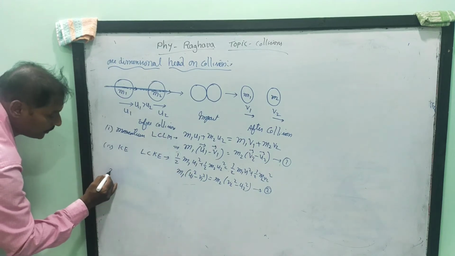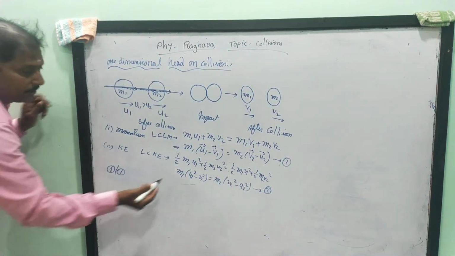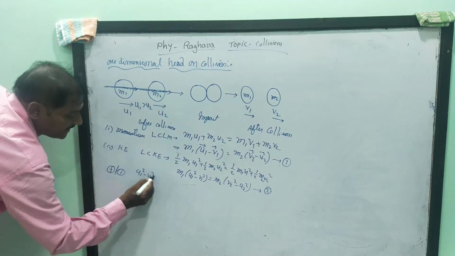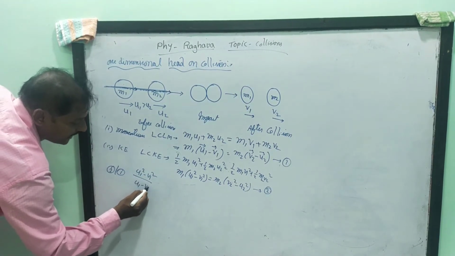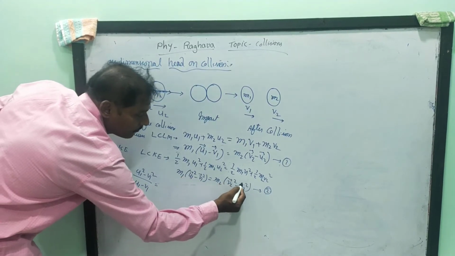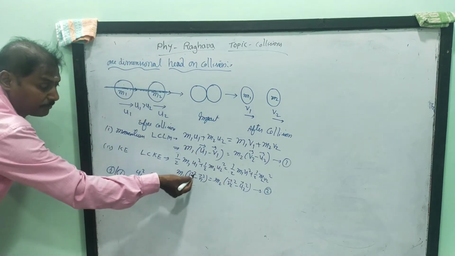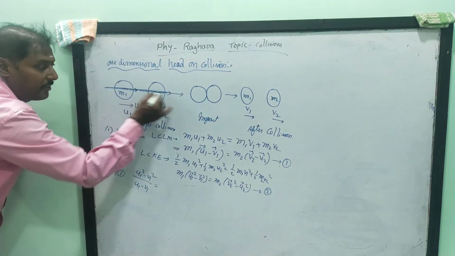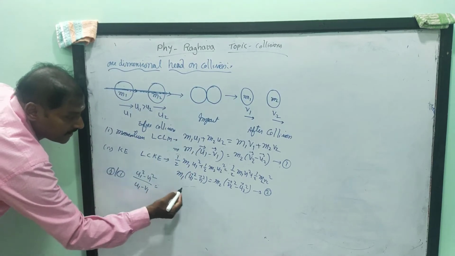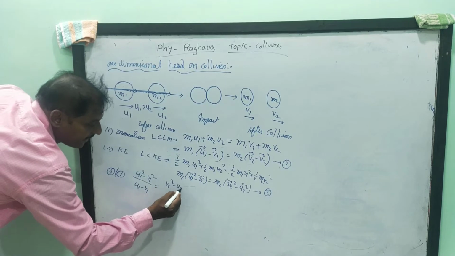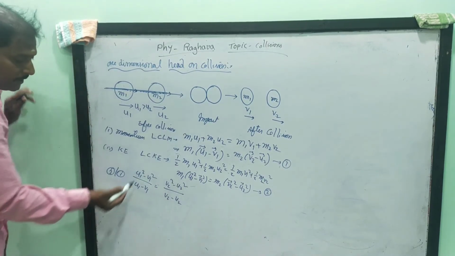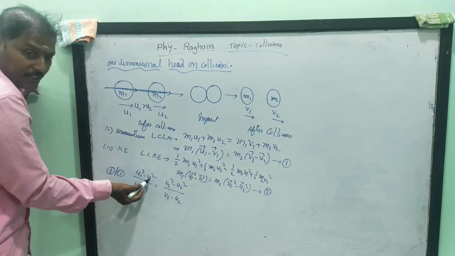So equation 2 divided by equation 1, we get (u1 square minus v1 square) divided by (u1 minus v1) is equal to, if direction is not given, we write in vector notation, if the direction is already taken, we write in scalar notation, (v2 square minus u2 square) divided by (v2 minus u2). a square minus b square is (a plus b)(a minus b).